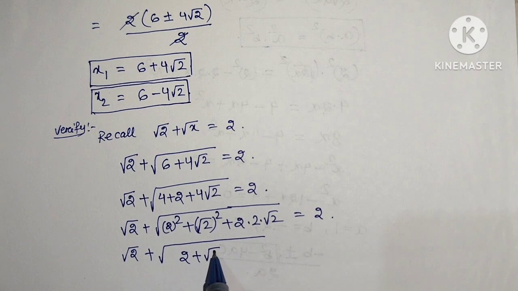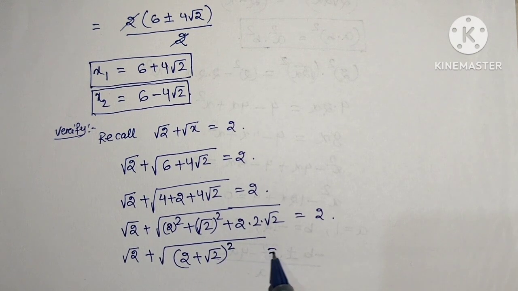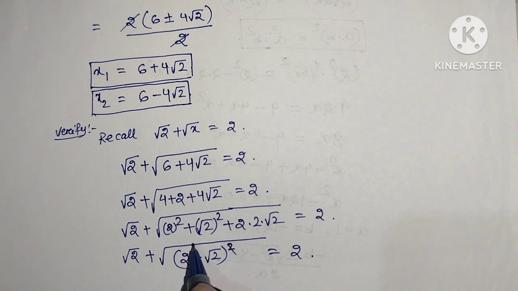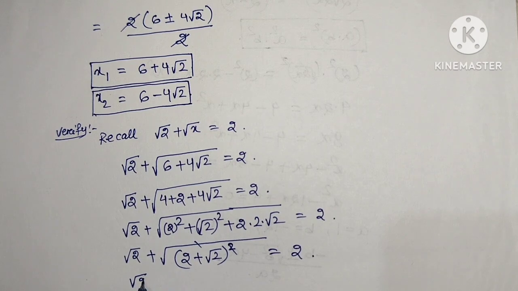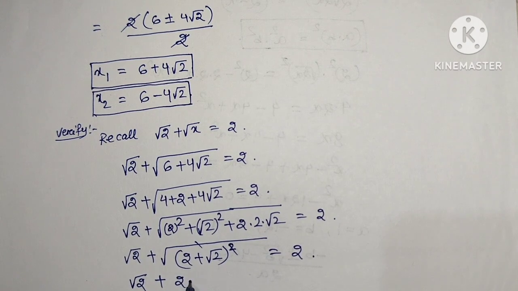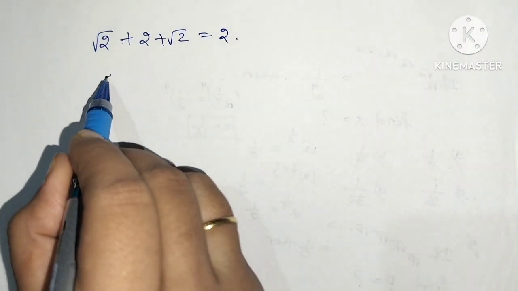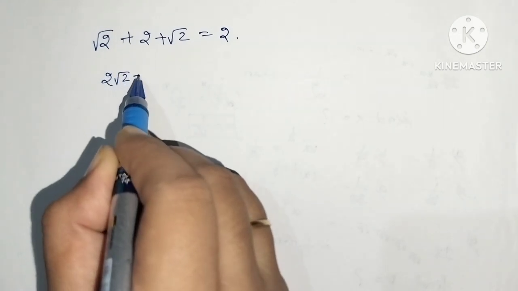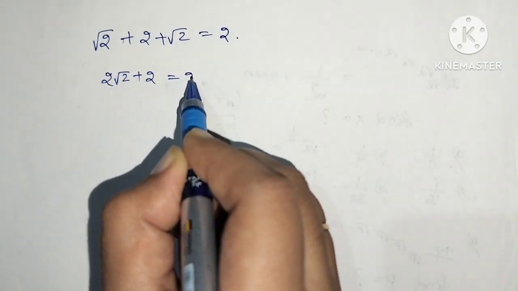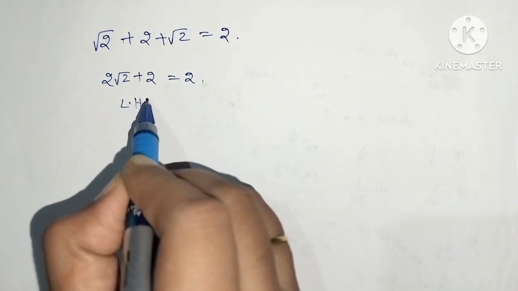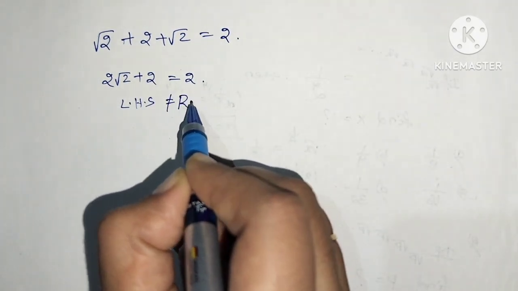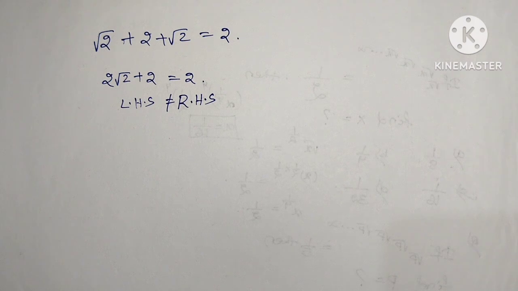Yes, this is the same as this. Then here root 2 plus root of (2 plus root 2) square is equal to 2. Then the root and square are cancelled. Then root 2 plus 2 plus root 2 is equal to 2. Then 2 root 2 plus 2 is equal to 2. Then LHS is not equal to RHS. Then the value of x1 is not correct.